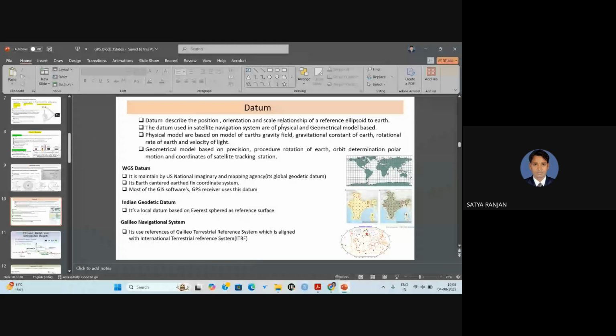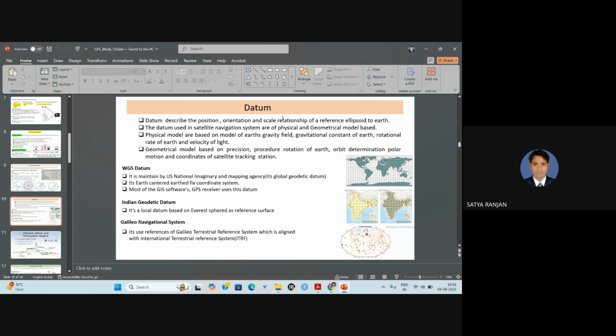So some of the examples of the datums are the WGS datum, that is World Geodetic System. It has global coverage and it is maintained by the US Navy Imagery and Mapping Agencies. It is a global geodetic datum and it's an Earth Centered Earth Fixed coordinate system.